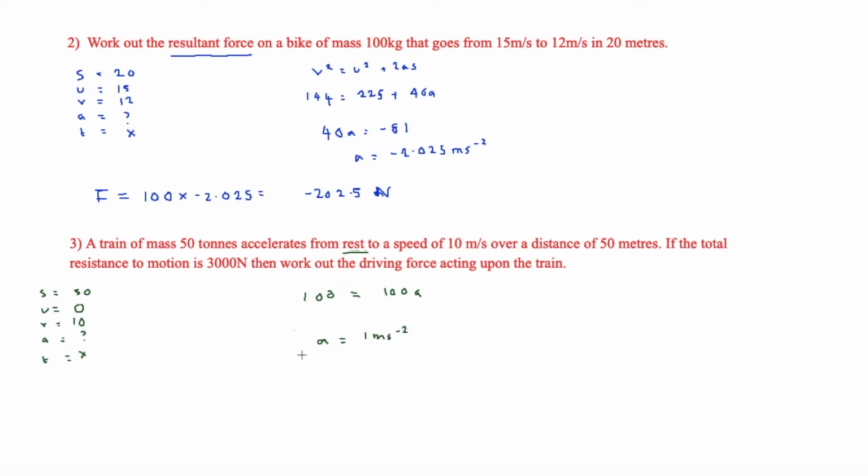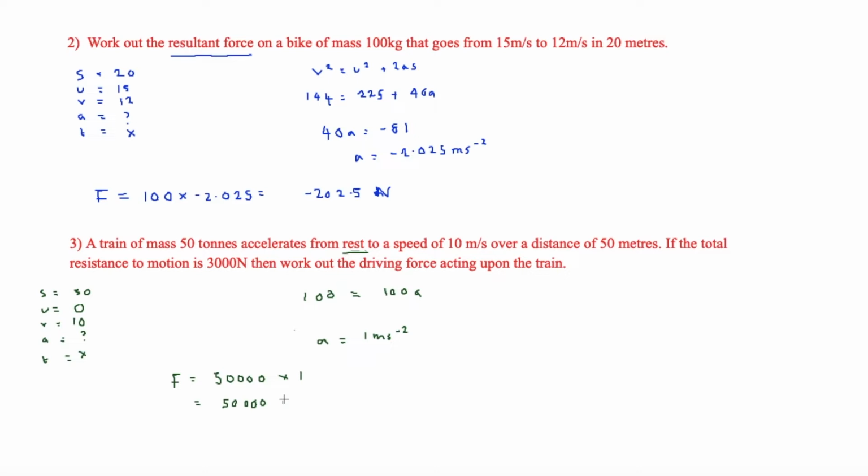Now we have what a is, we can work out what F is. This is the resultant force, remember. The resultant force is the mass, which is 50,000 kilograms, as in 1 ton there are 1,000 kilograms, times 1. So the resultant force is 50,000 newtons.